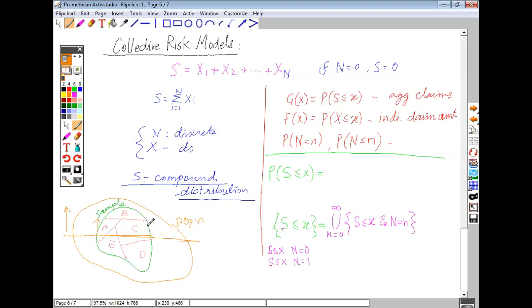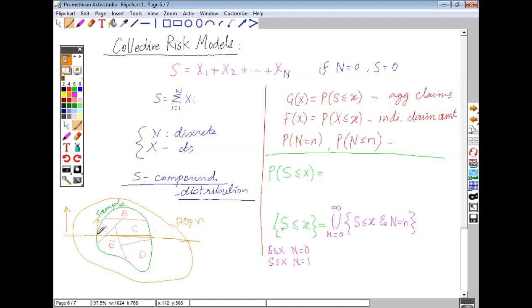So basically, if you see it in terms of this example, what's happening is the chance that your A is above this line, and that it is contained within the sample. Then your B is above the line, C is above the line, E is above the line, D is above the line. So this is what you are adding. And you have these subcategories, 0, 1, 2. So this A can represent n equals 0, n equals 2, n equals 3, n equals 4, n equals 5. And these are the claim amounts.